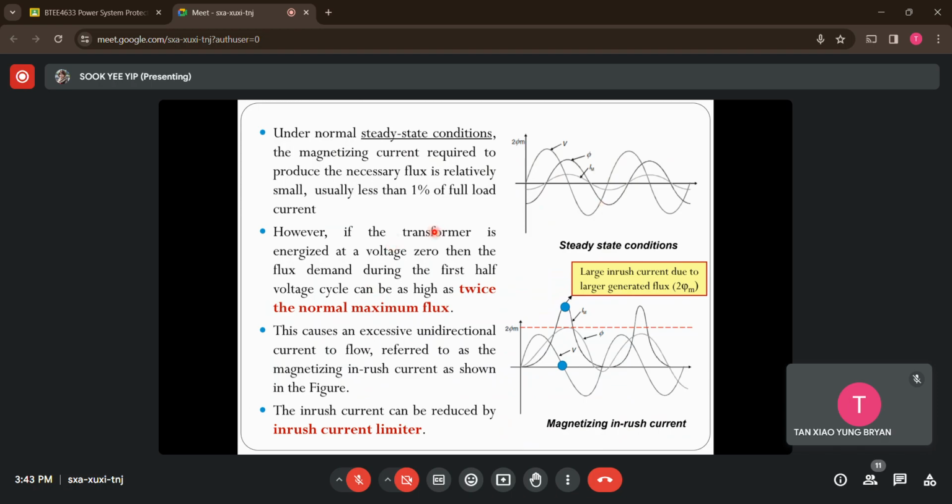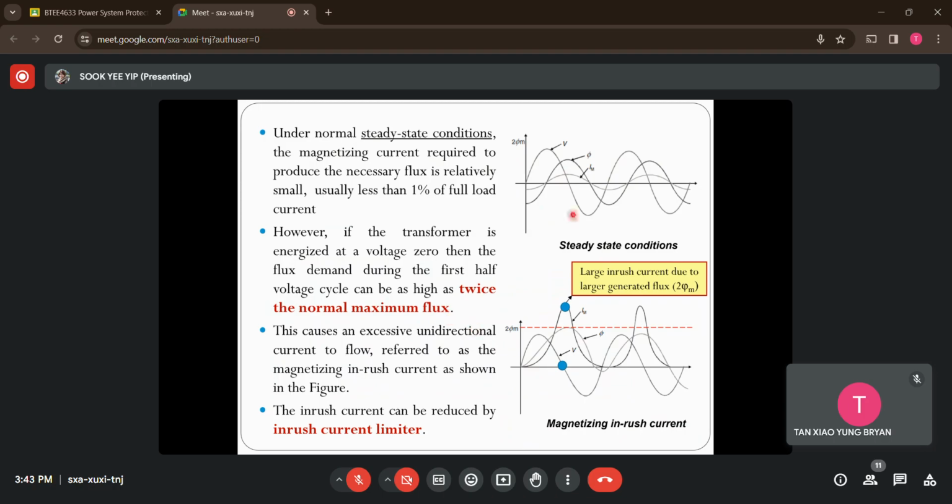So what if I turn off this transformer and turn it on again? Whenever the transformer is energized at zero voltage, if you refer down here, this is the voltage supply, this is the inrush current, and this is the flux generated. If you turn on the transformer again, you notice that when the voltage reaches zero, the flux generated will be very high, reaching 2 times the normal maximum flux value.